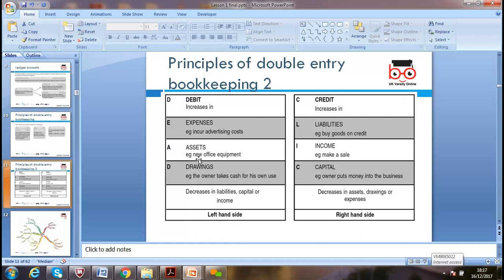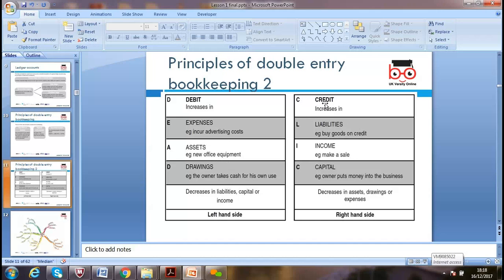When we buy any asset, increasing it, we debit. And any money we draw for personal use, we debit as well. When these things decrease, we do the opposite. Normally we debit on addition, and on reduction we use the other side of the accounts, like plus and minus.